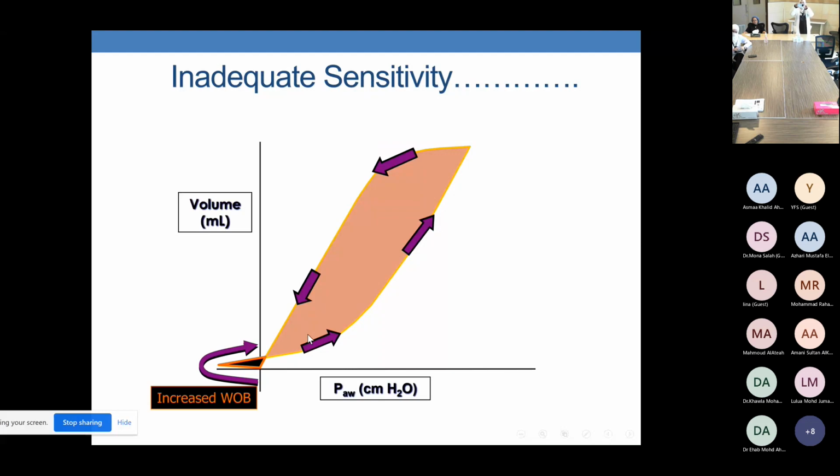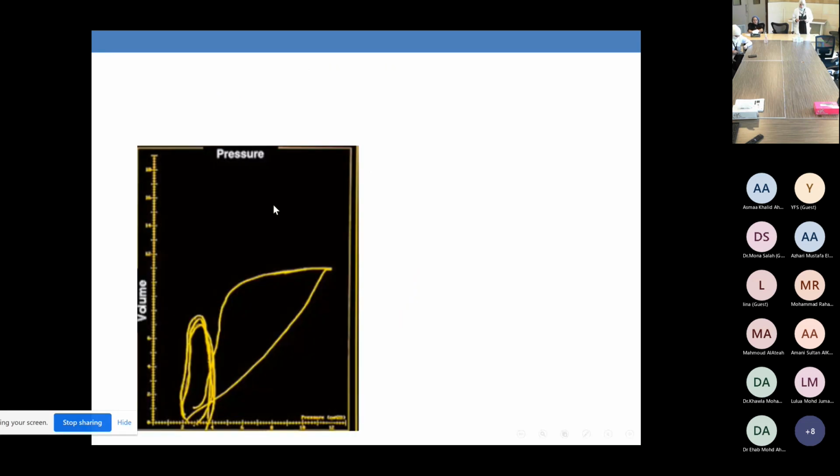If you put a high trigger, again, as if you are suffocating the baby, you are asking the baby to generate a very high flow to trigger the ventilation. And the baby is again doing the job himself against the ET tube. So please check for that, to give him an easy trigger.